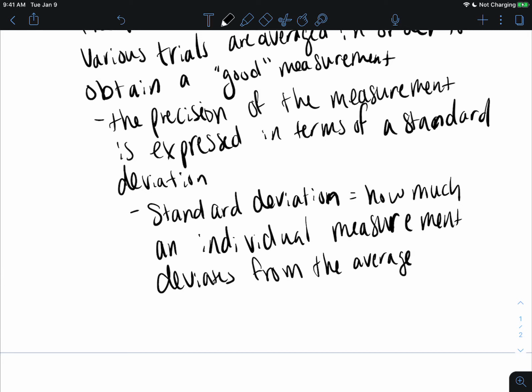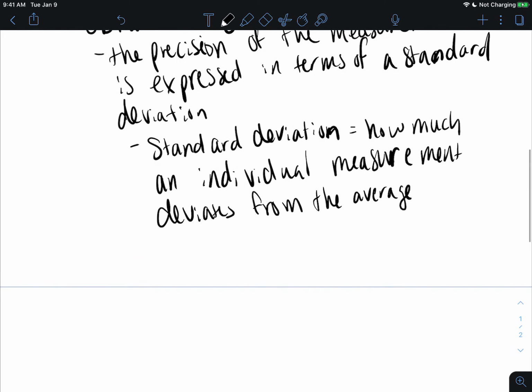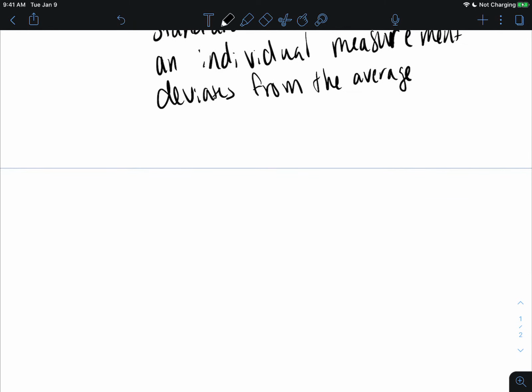The smaller that standard deviation, the more precise your measurement is. When we're taking measurements, we are the ones who determine whether or not we're precise. If we take good measurements and use good lab practices, then we can make sure that our measurements are precise. But that does not necessarily mean that they're going to be accurate.